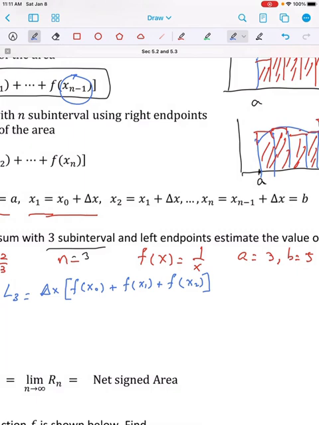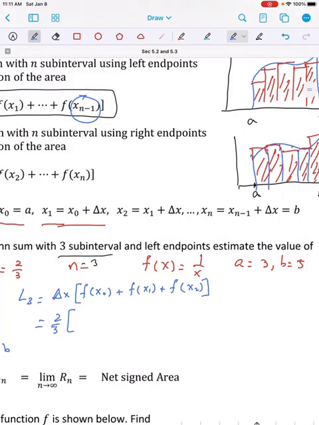So now we just plug in the values. So the delta x was 2 over 3. F of x sub 0, now x sub 0 was 3, so f of x sub 0 will mean f of 3. So if you want, you may first write that, or you can directly do that.